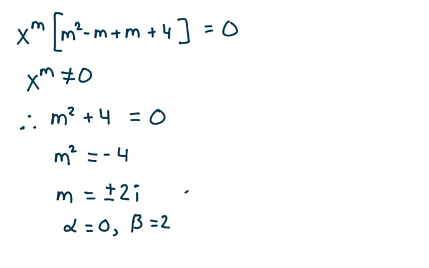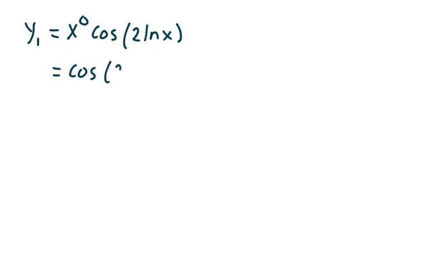Okay? And it turns out that we can show that my two linearly independent solutions are x to the 0 cosine of 2, that's beta, natural log of x, which is equal to cosine of 2 natural log of x.